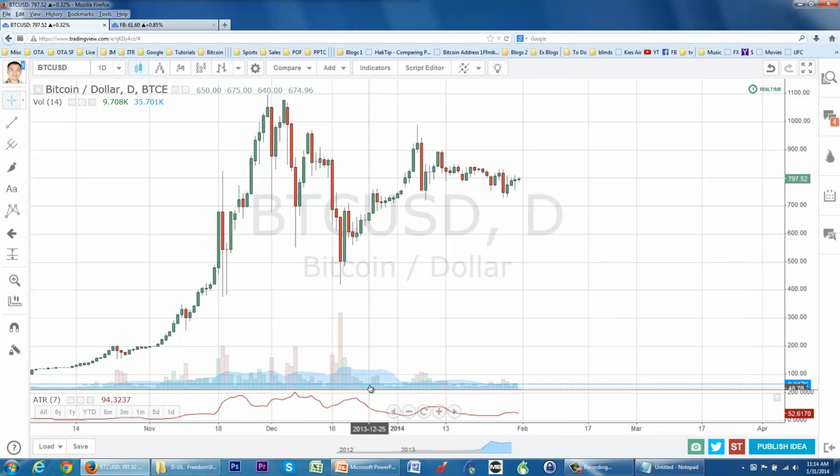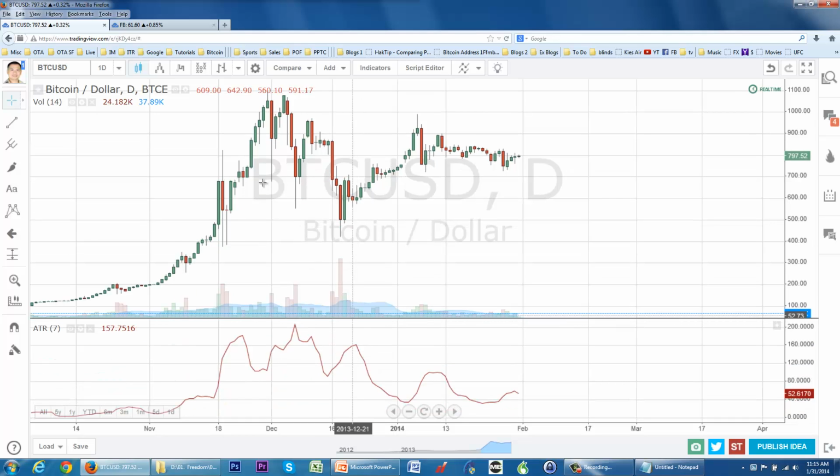And let me just expand this window a little bit so that your eyes will focus on here. If you'll notice that during the run up to 1240, we reached a high of $180 per candle, meaning that if you took the average of these candles, of 7 candles at a time, during this period right about here, you'll notice that the average of the last 7 candles, the distance it traveled was $180.